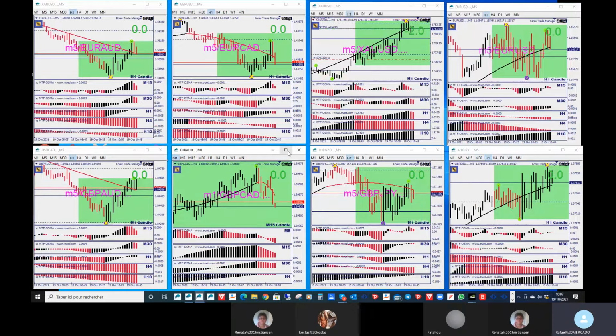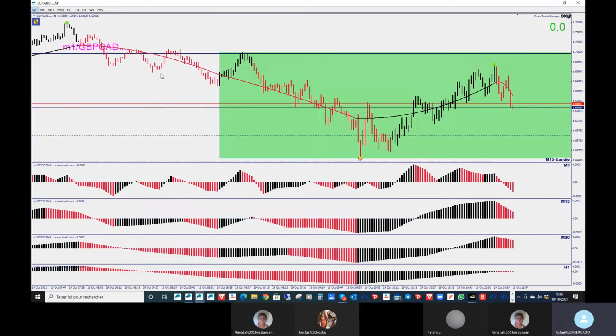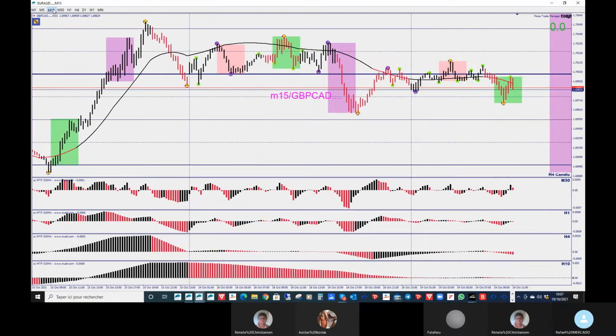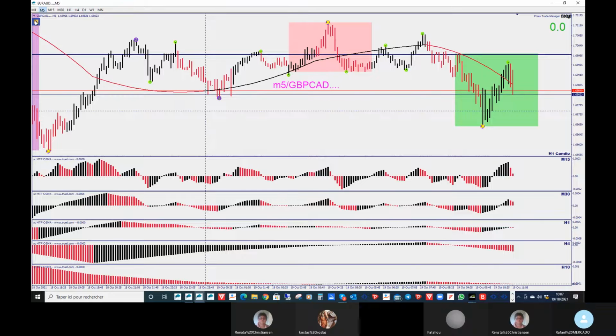Pound CAD is in sync with the 1 hour that changed color. So maybe this low of the day is not established yet. The 4 hour is looking for the low of the day to take this trade down.